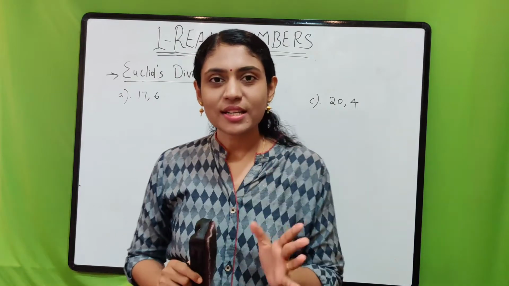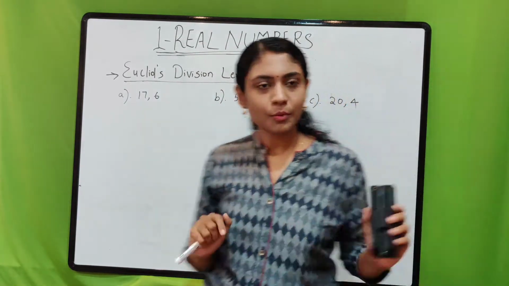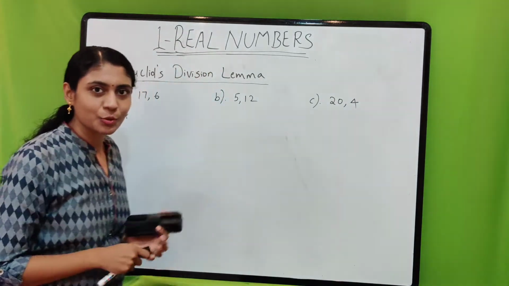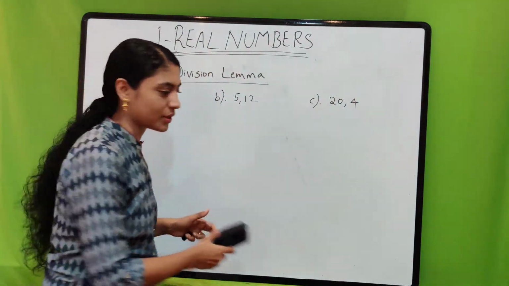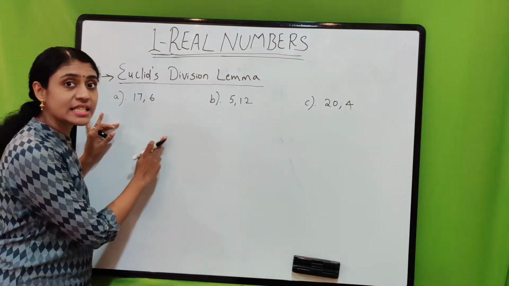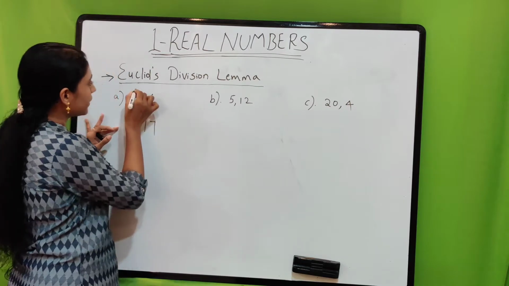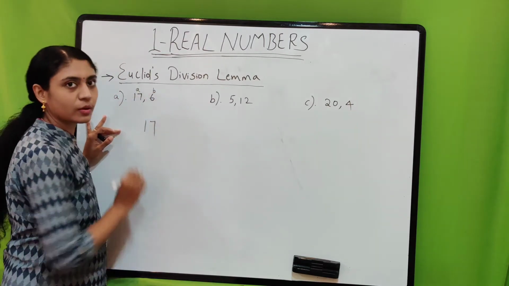Friends, in order to understand what Euclid's division lemma is, we can consider a set of positive integers. There are three sets of positive integers. We consider the first one: 17, 6. Here A is equal to 17 and B is equal to 6.